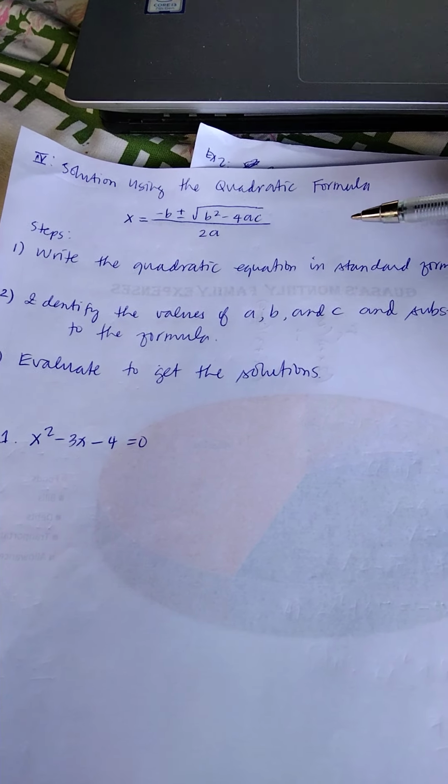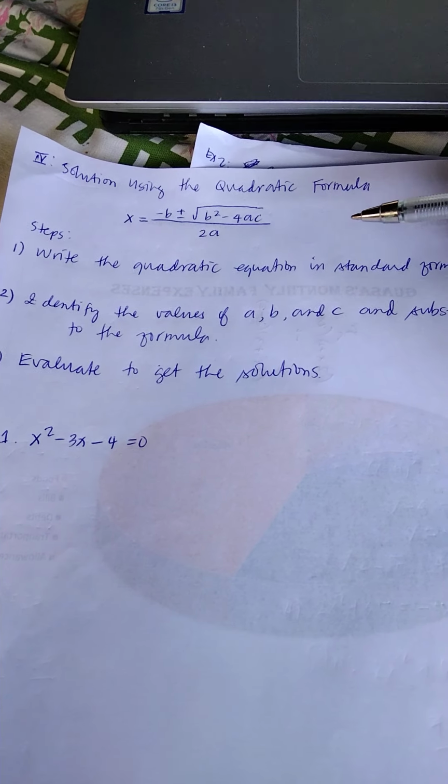Negative 3. So negative times negative 3 plus minus, our b is negative 3 squared minus 4, our a is 1, our c is negative 4, whole over 2, what is our a? 1. Okay. So we have substituted the values of A, B, and C into the quadratic formula.